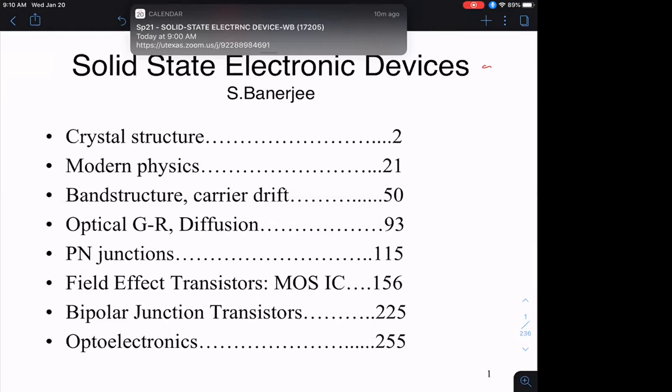But because they consume more power than MOSFETs, bipolar transistors have kind of fallen out of favor, and they're really used in niche applications where you don't care about the power consumption, but you need very high speeds, faster than MOSFETs. So you'll only really have a couple of lectures devoted to BJTs, although the physics is very interesting. But even here, it's really two PN junctions that are connected back to back. So the discussion about PN junctions will help with the BJT discussion also.